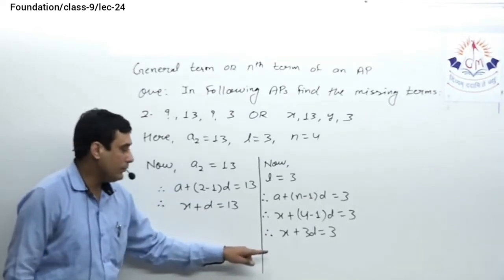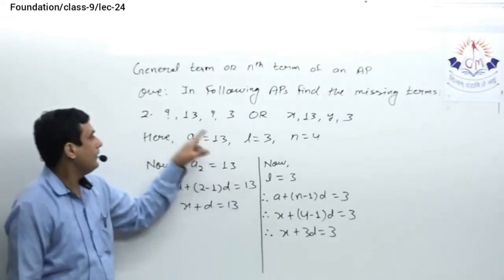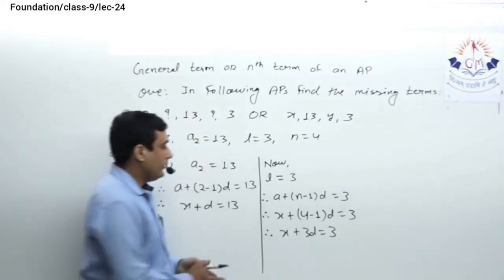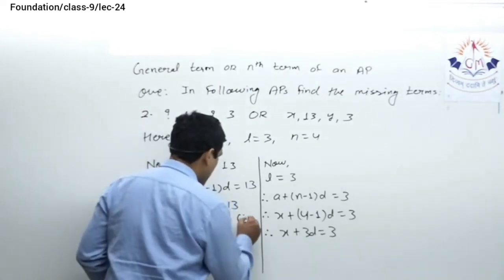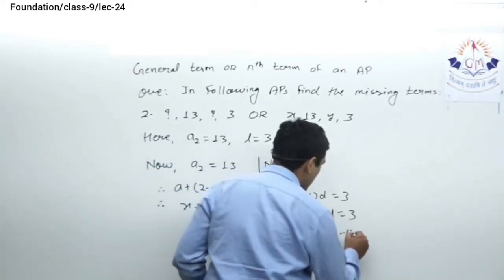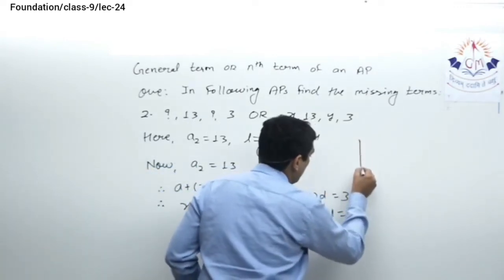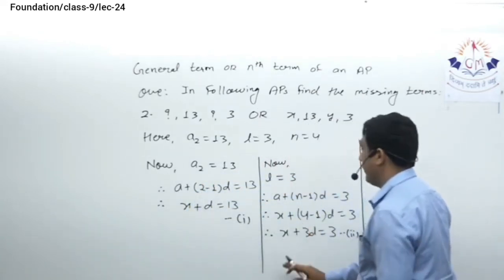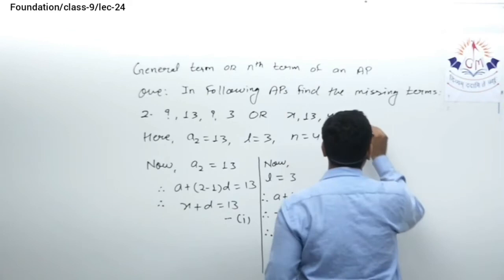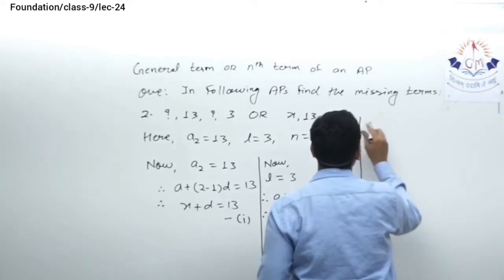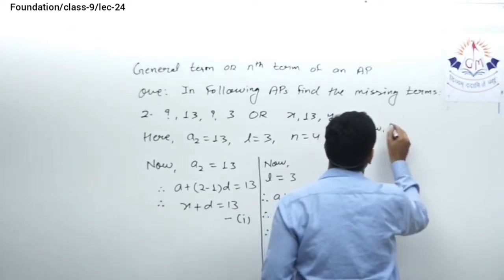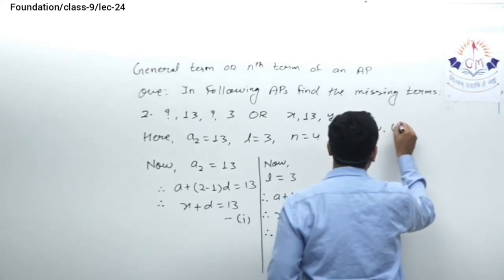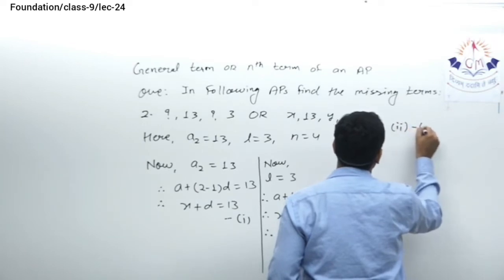By solving these two I will be able to get the value of x, and when I get x it is easy to get the third term. Let this be equation number 1 and this be equation number 2. Now solving first and second, subtract equation 1 from 2.